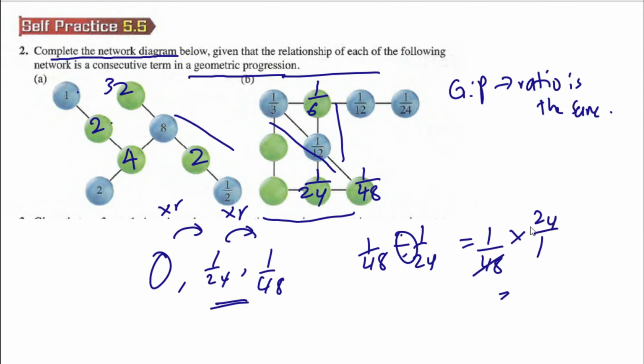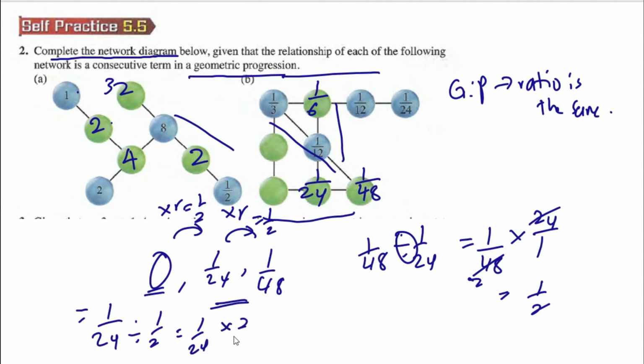So we get 1 over 2. So r is equal to 1 over 2. When r is equal to 1 over 2, then the previous term is equal to 1 over 24 divided by 1 over 2. 1 over 24 times 2 over 1, which is equal to 2 over 24, which is equal to 1 over 12. So this one is 1 over 12.